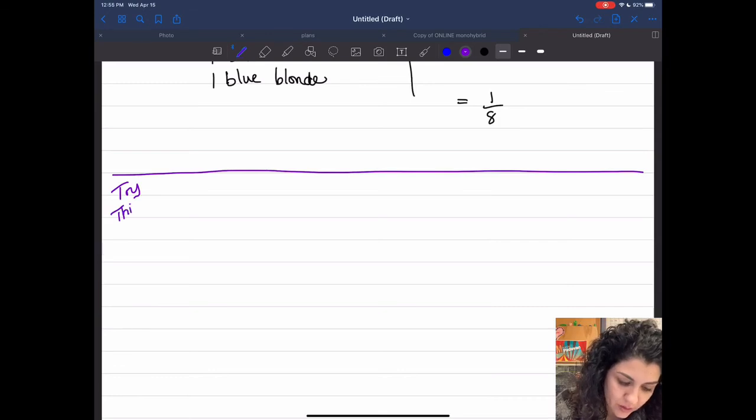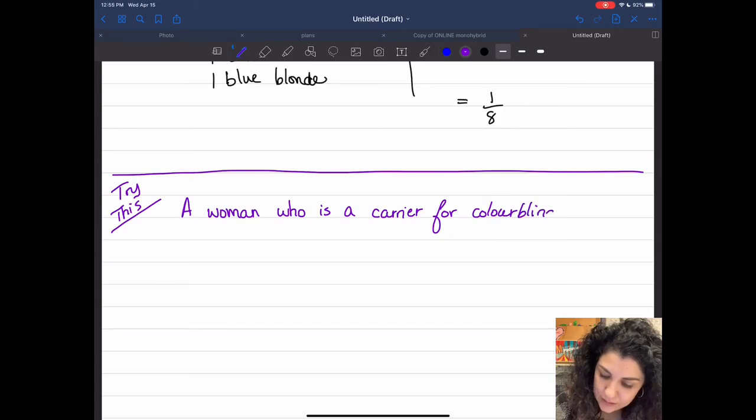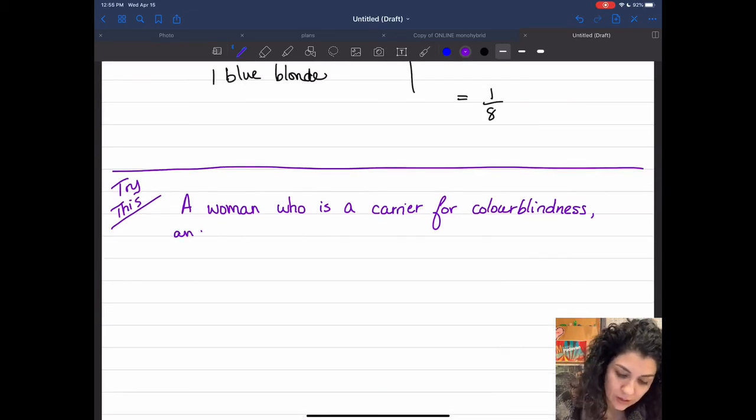So try this. I have a woman who is a carrier for color blindness, which we know is a sex-linked recessive condition, right?